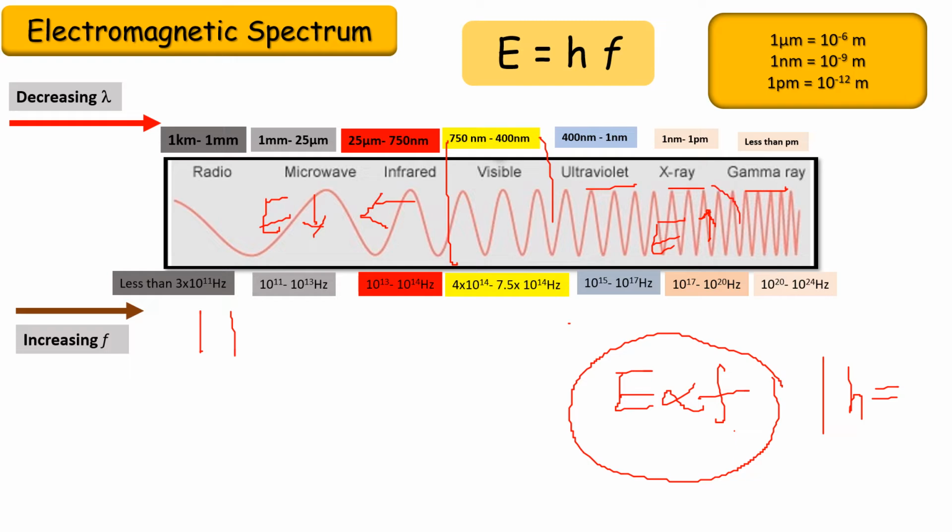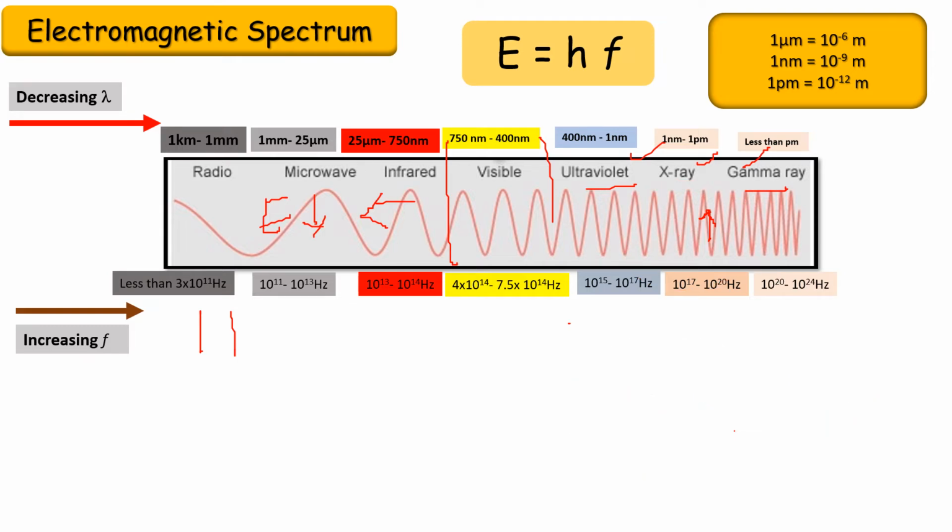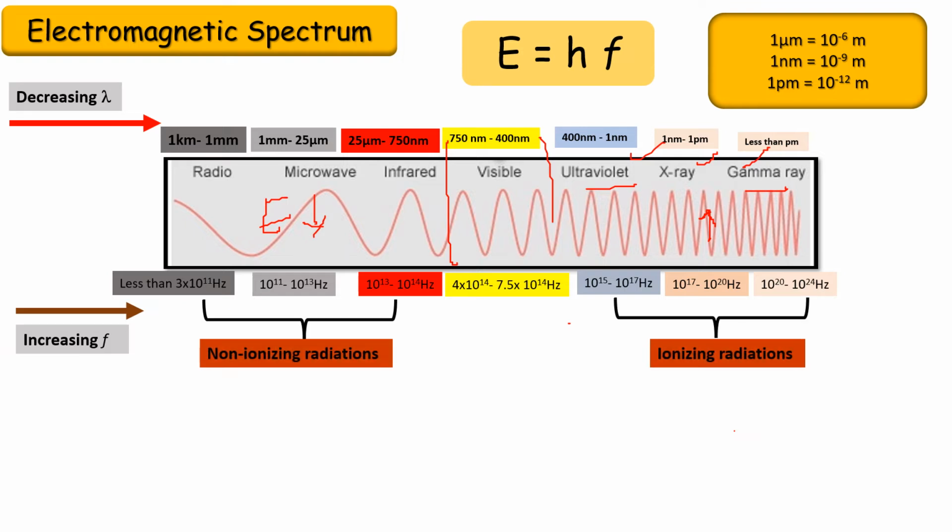Now because of high frequency, these radiations, that is ultraviolet, X-ray and gamma ray, have high energy and the energy is able to remove an electron from the atom. Such types of radiations are known as ionizing radiations. While those radiations to the left of the visible region are known as non-ionizing radiations.